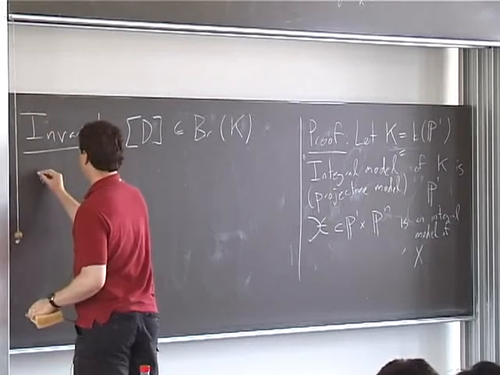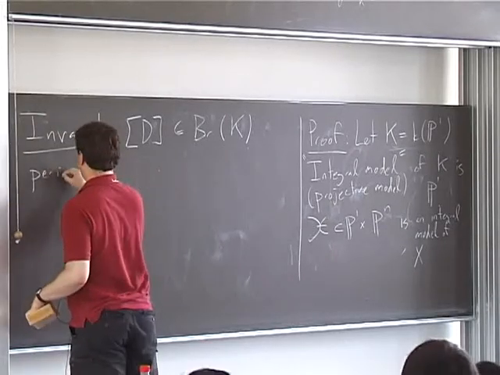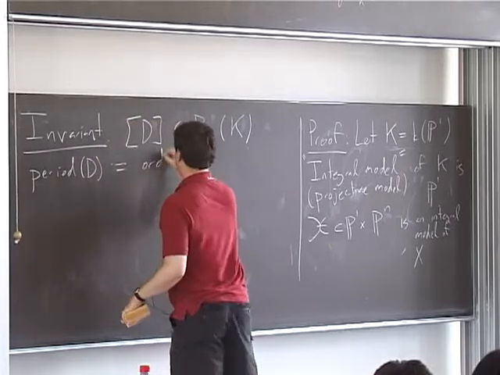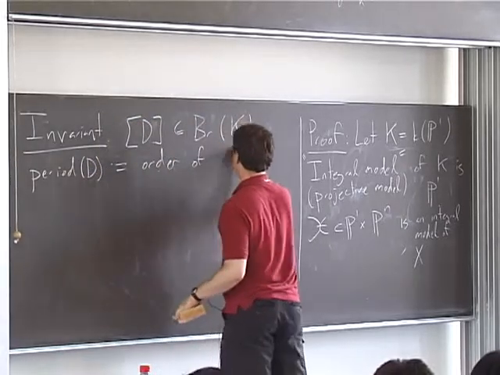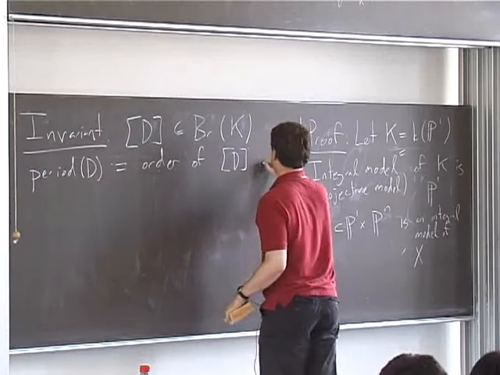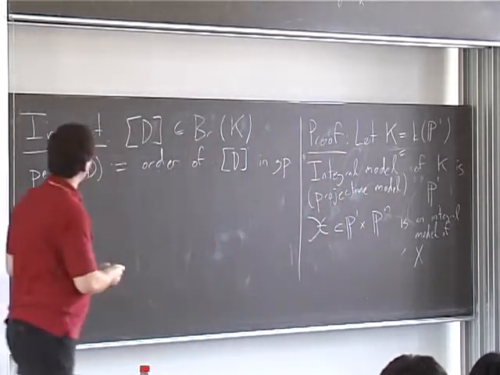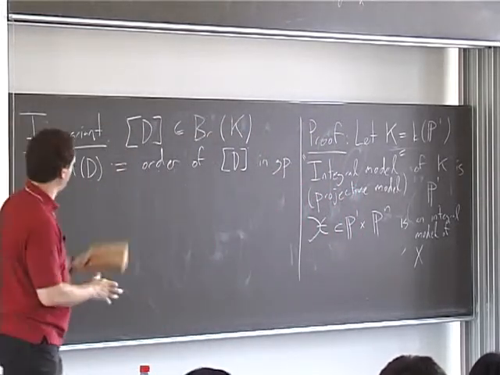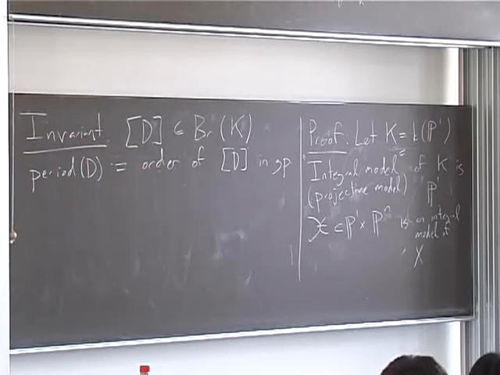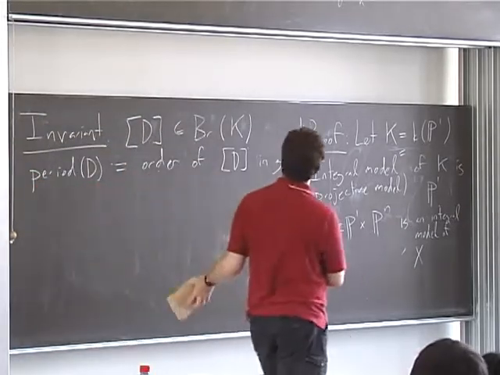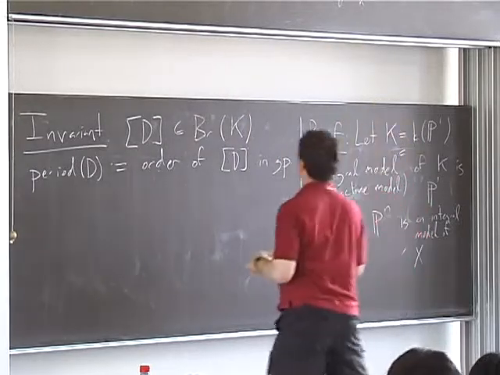We define the period of D to be the order of this element in this group. It's the least integer n such that when you multiply that element of the group by n, you get 0. So we have these two invariants, the period and the index. I actually only need the index for what I'm about to do.